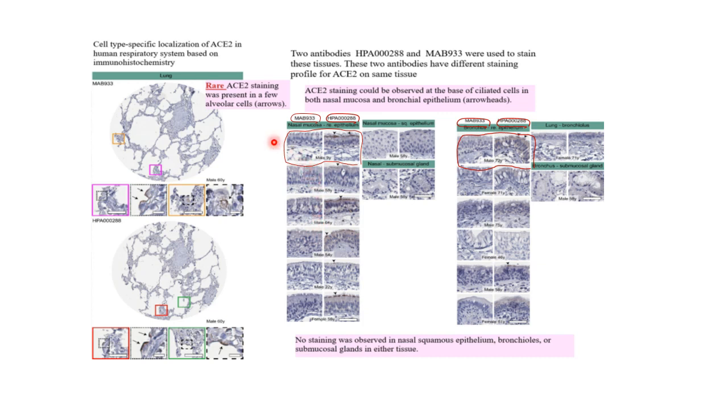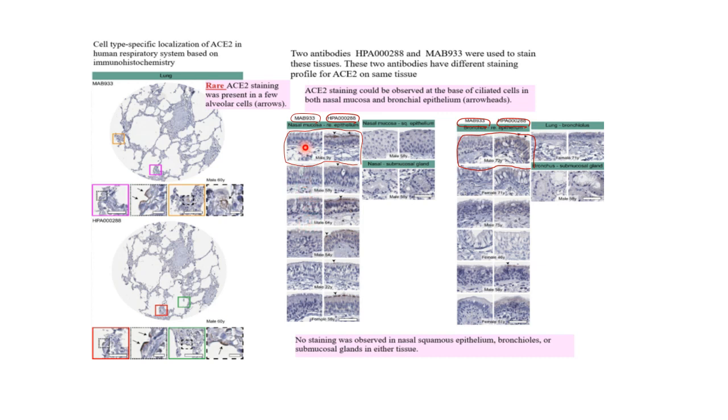So these are the histological sections of various tissues in the respiratory tract. Here we have nasal mucosa from different patients, for example, male 58-year-old, male 64-year-old.